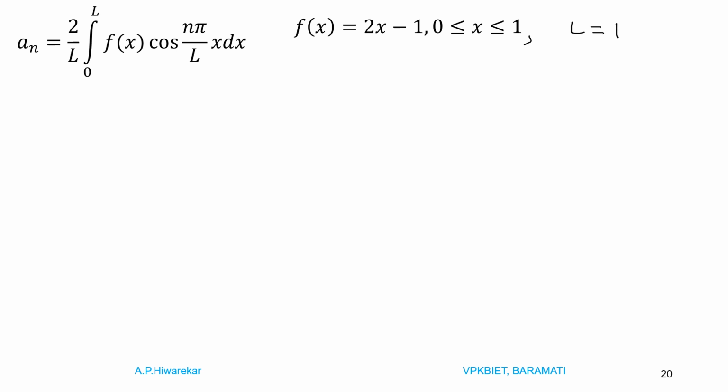So it will be 2/1 integral 0 to 1 of (2x minus 1) into cos(n pi x) dx.